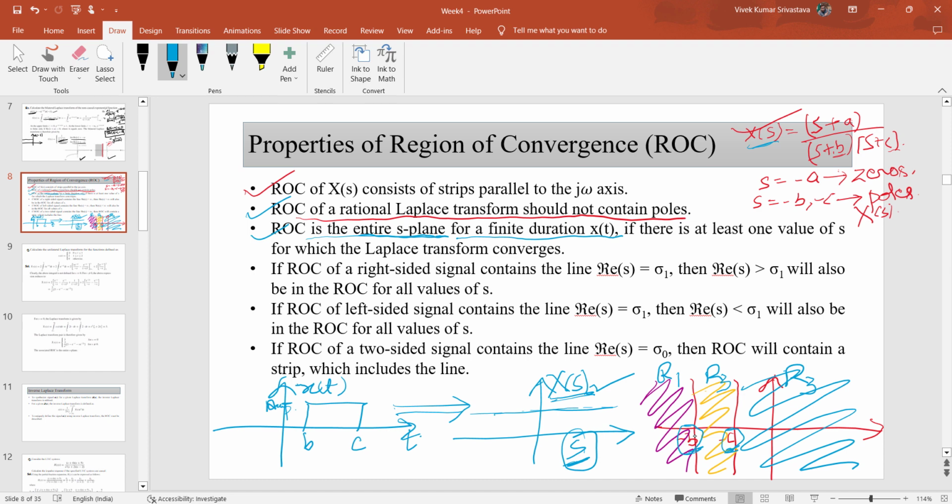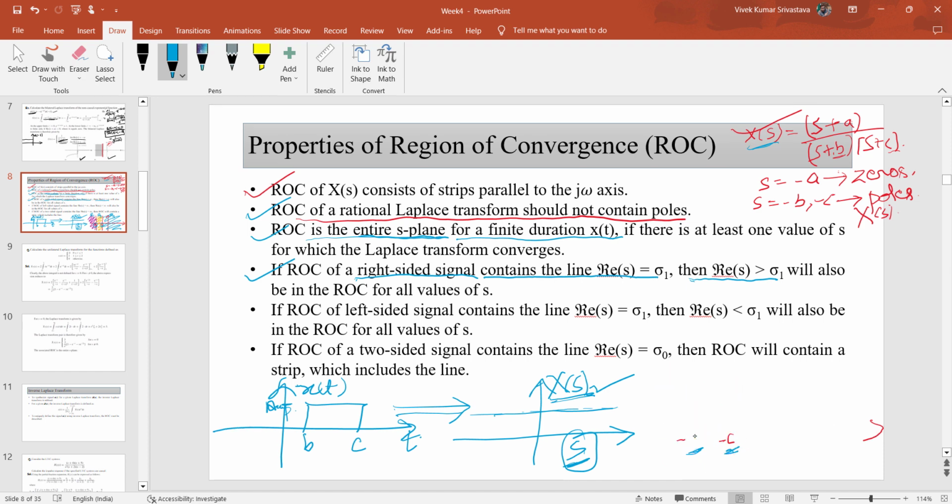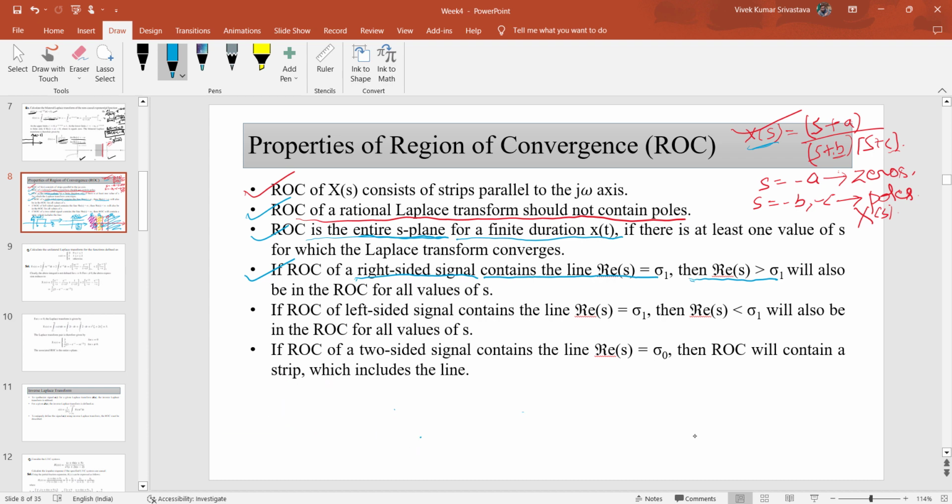Now the next property states that for the right-handed signal, the ROC is greater than sigma 1. Let me erase this first. First of all, let us see what a right-sided signal is.